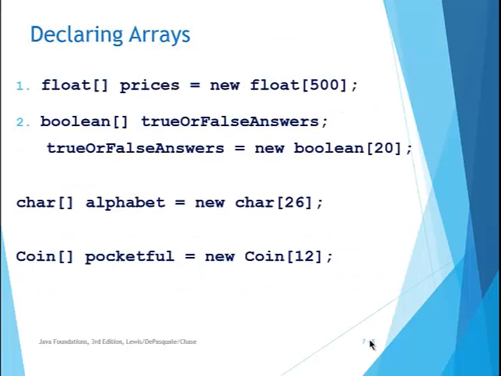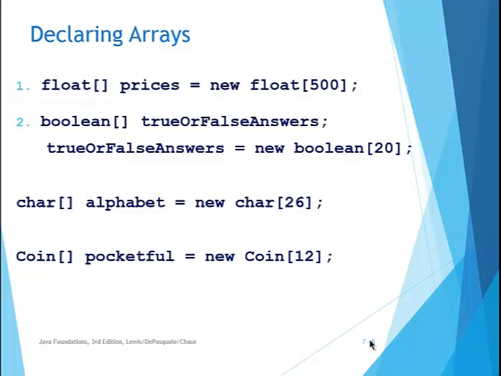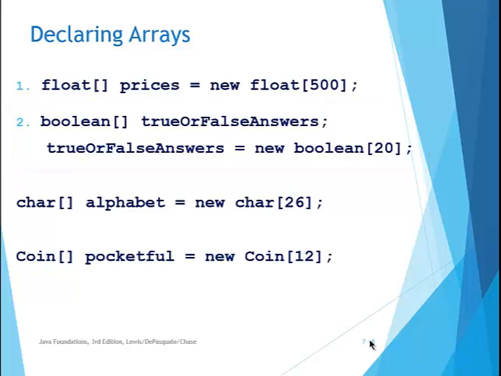Here are a few more array declaration examples. Note the two styles. Number 1 shows the declaration with the new initializer set to size the array and allocate space, all in one line. Number 2 uses a two-step process. On the first line, we see the declaration of the Boolean array, and on the second line, we see the initialization of its size and space in memory.